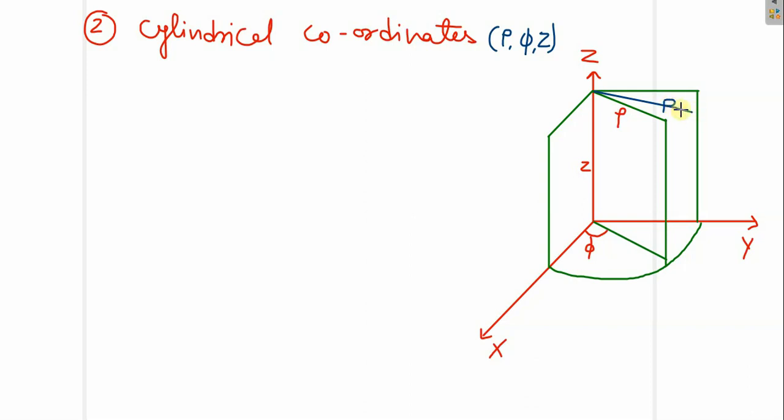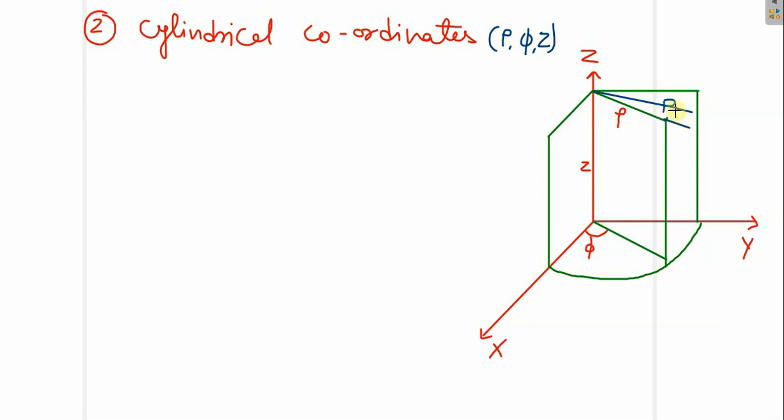We have made some small increment in the rho vector. Let me draw it very clearly.